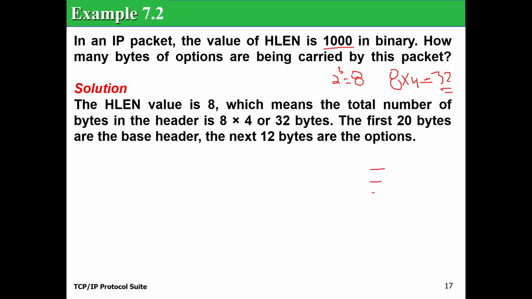So how many lines do we have? This is 20, plus 4 is 24, plus 4 is 28, plus 4 will be 32. So how many lines will we have? 1, 2, 3, 4, 5, 6, 7, 8.